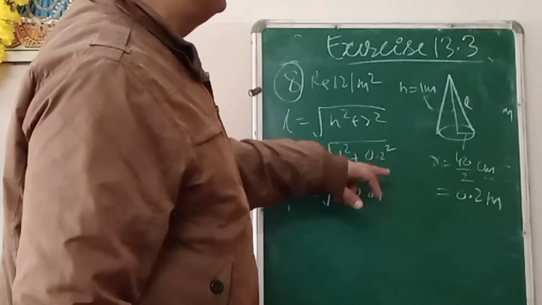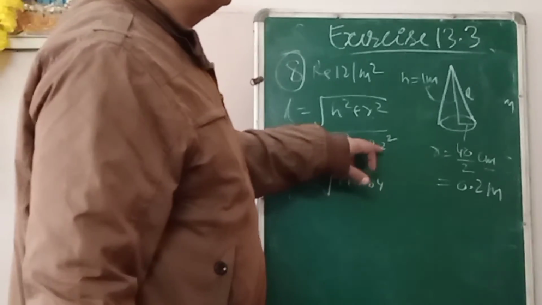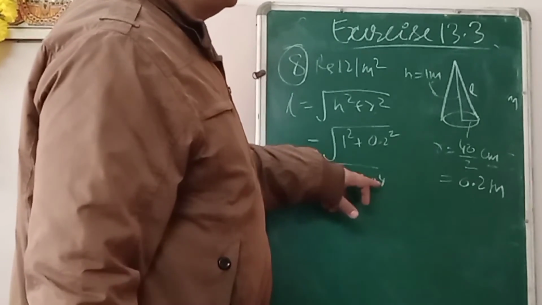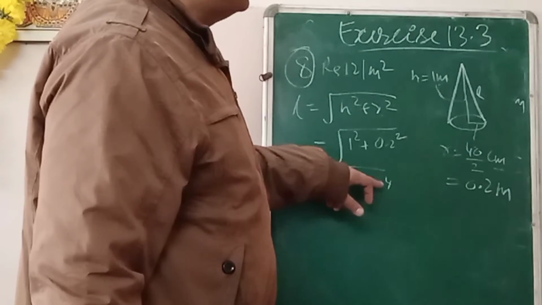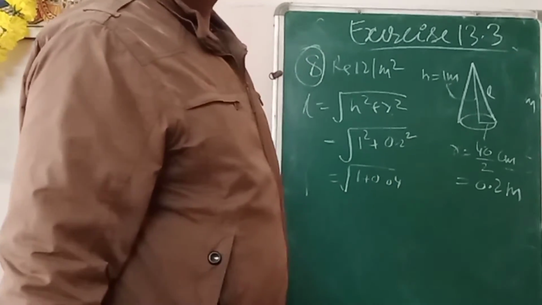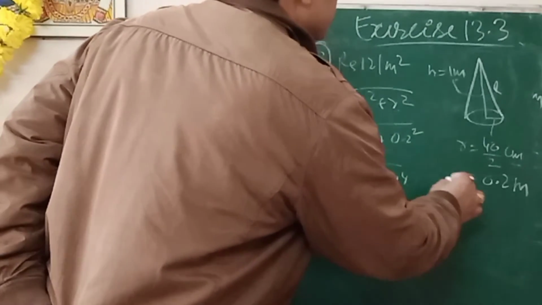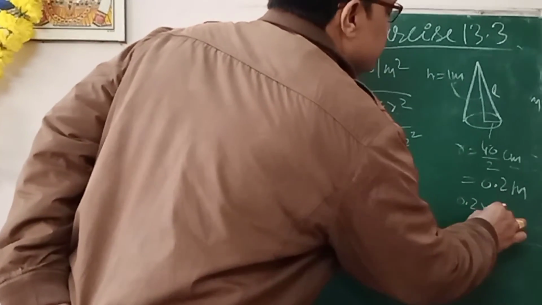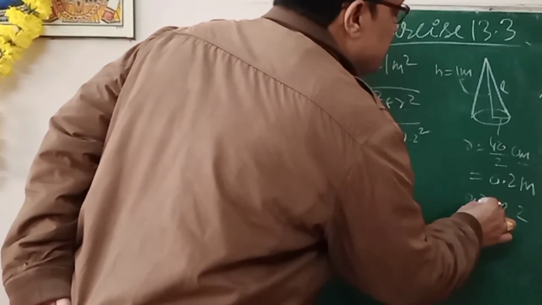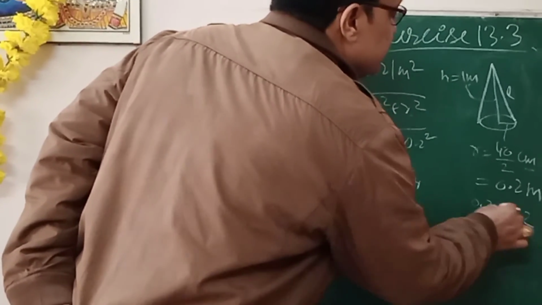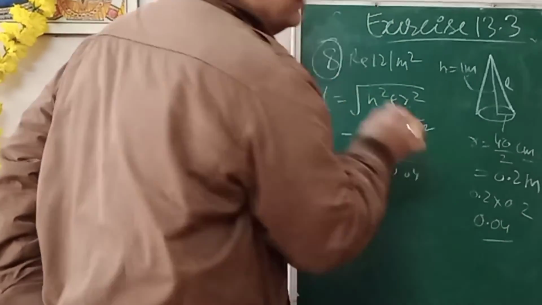So 2 into 2, 4, and we need to put the decimal in the second place, so this is 0.04.